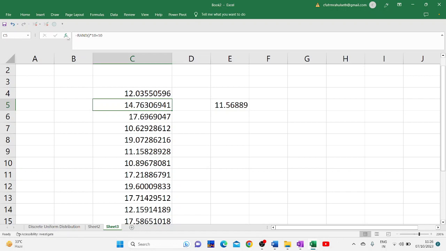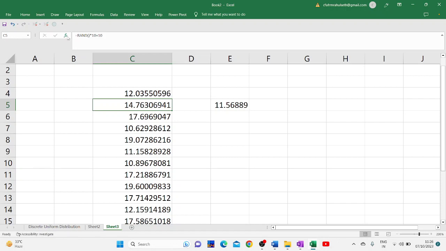So since I'm using a random number generator, Excel in the background is generating numbers randomly. So the chance of getting any number is going to be the same, and since the chance of getting any number is going to be the same, this distribution is also going to be uniform. So this distribution is both continuous and uniform.